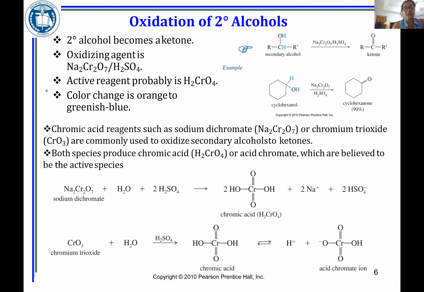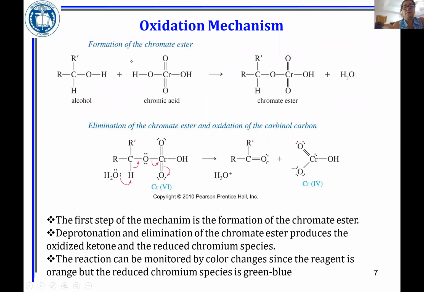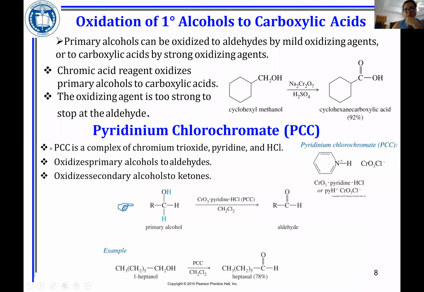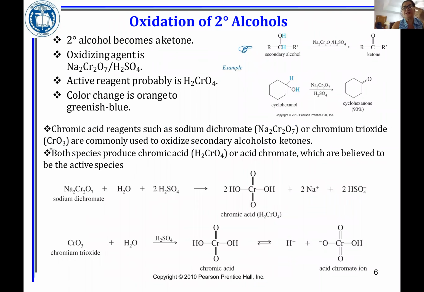Secondary alcohol becomes ketone. Now, do you have to use PCC for this? Does PCC work for secondary alcohol? For secondary alcohol, PCC works, and a strong oxidizing agent also works, but which one is better?